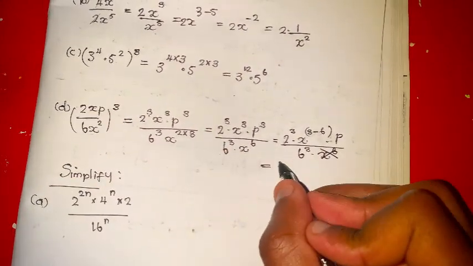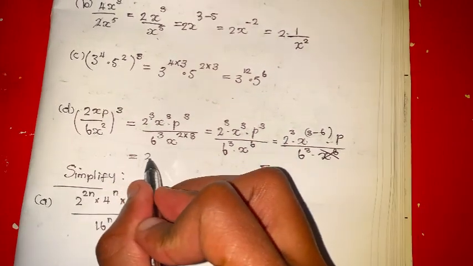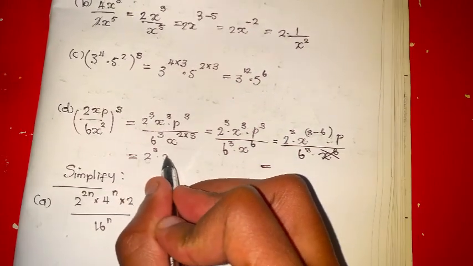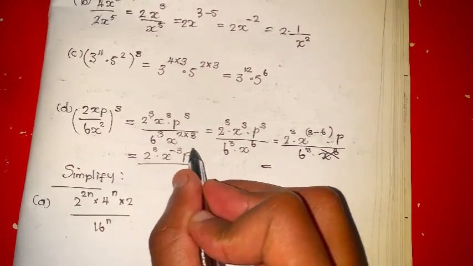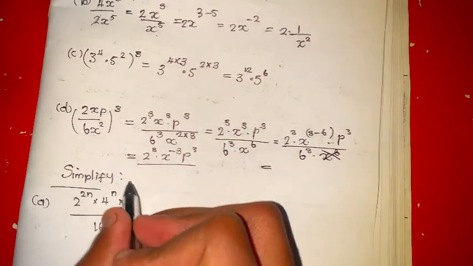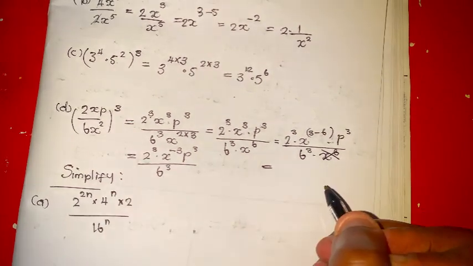And this will simplify into 2 to the 3 multiplied by x to the negative 3, p raised to 3 over 6 raised to 3.